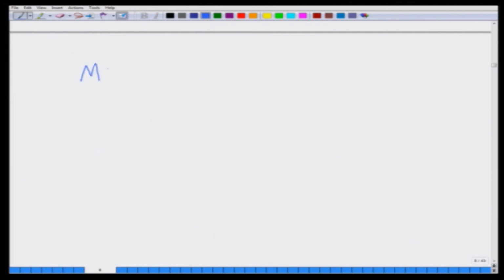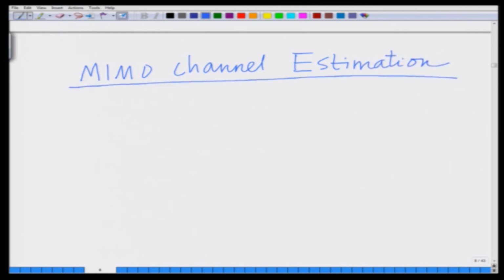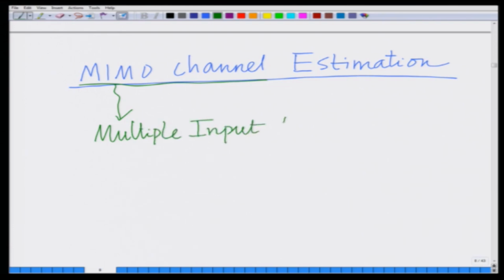Today let us look at MIMO channel estimation, where MIMO, as we said, stands for multiple input, multiple output.